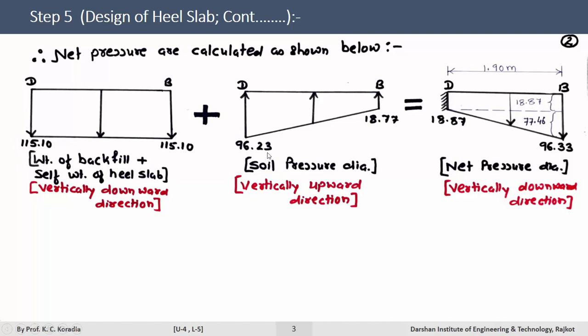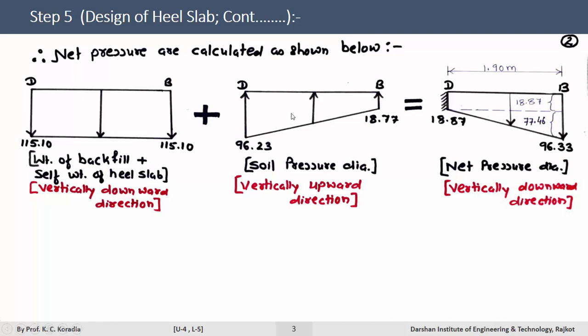While this portion shows the soil pressure diagram between point D and point B. Point D is having a pressure intensity of 96.23 kN per meter square, while point B is having a pressure intensity of 18.77 kN per meter square. This pressure diagram is acting in a vertical upward direction.